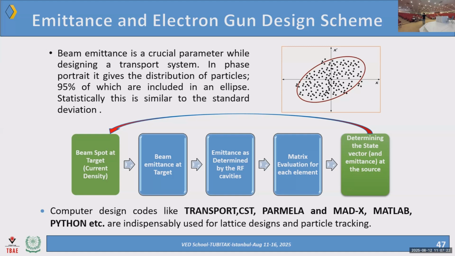Okay, it's a bit confusing. Let me go through it again. Someone wants a high power klystron. They need high charge density. They need high current. They need a certain spot. Then we need an electron gun for the system.